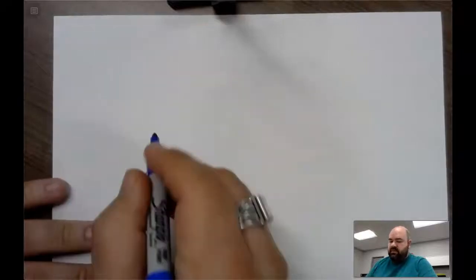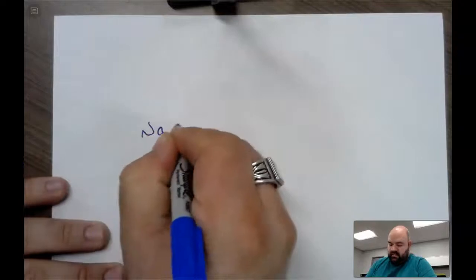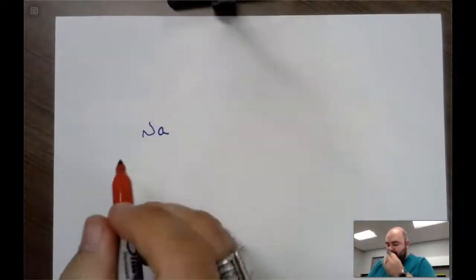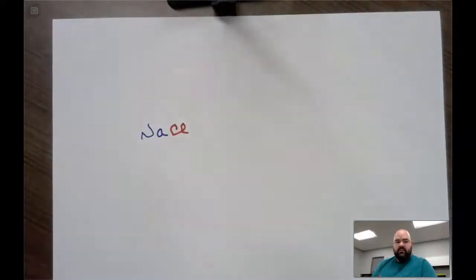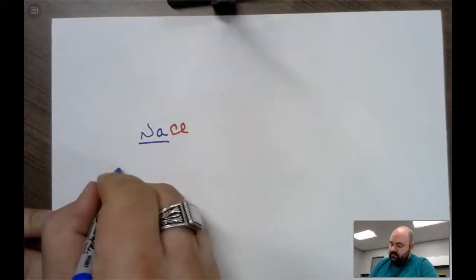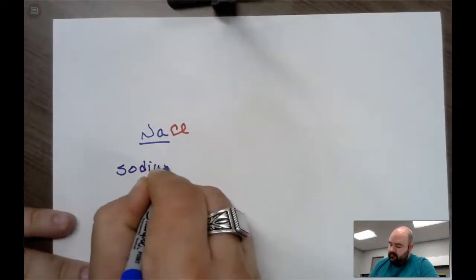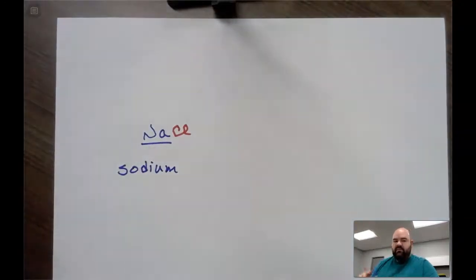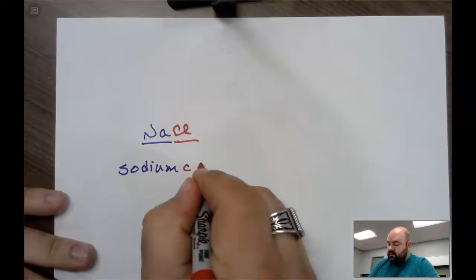So far, we have talked about compounds like this. NaCl. Okay? Simple, straightforward, two elements. We've got sodium and we've got chlorine, which we changed to chloride.